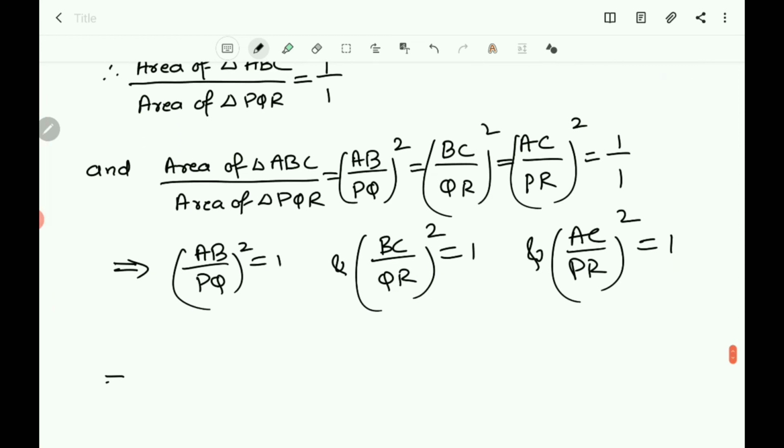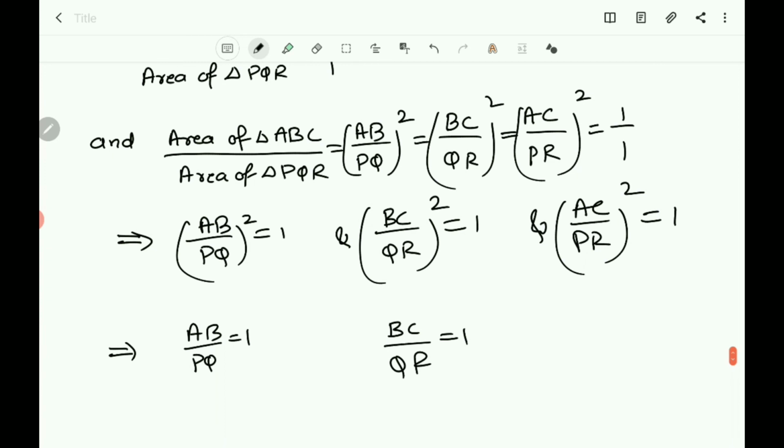That implies AB by PQ is equal to 1 and also BC by QR is equal to 1, if you take the root or if you cancel that. You know that AB by PQ whole square is equal to 1 means AB by PQ also becomes equal to 1. BC by QR is equal to 1 and also AC by PR is equal to 1 here. Here you write and end.